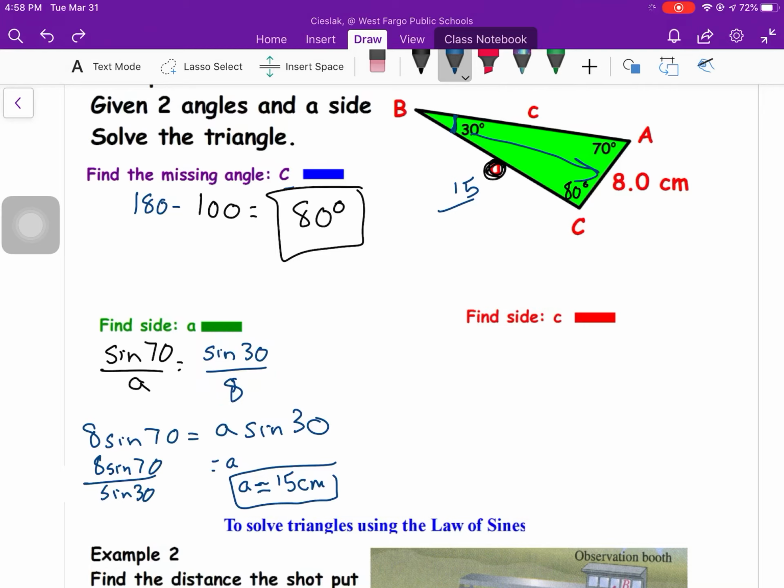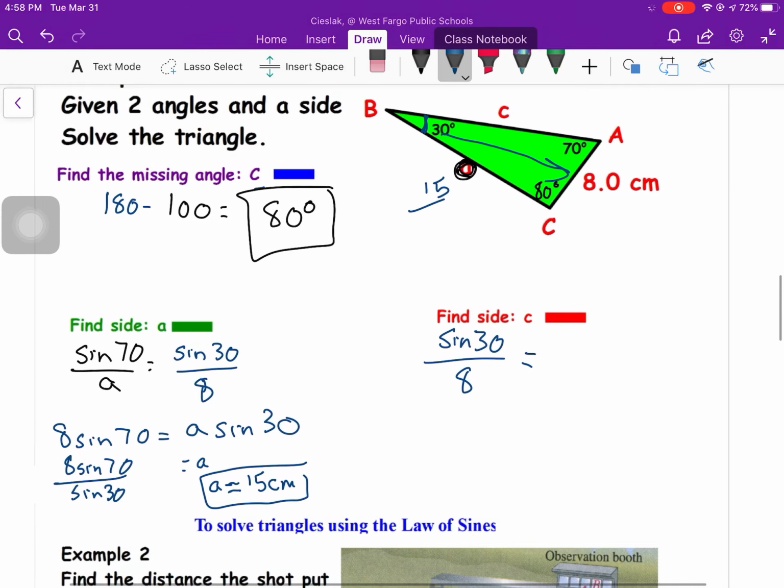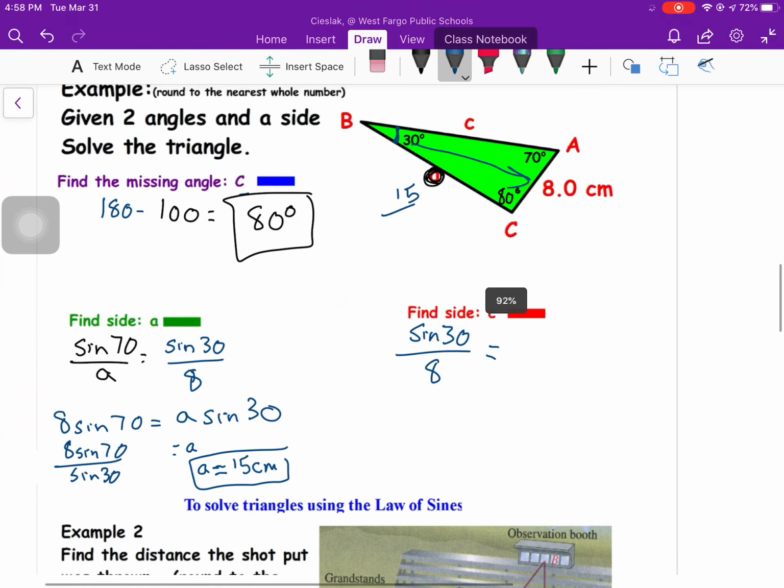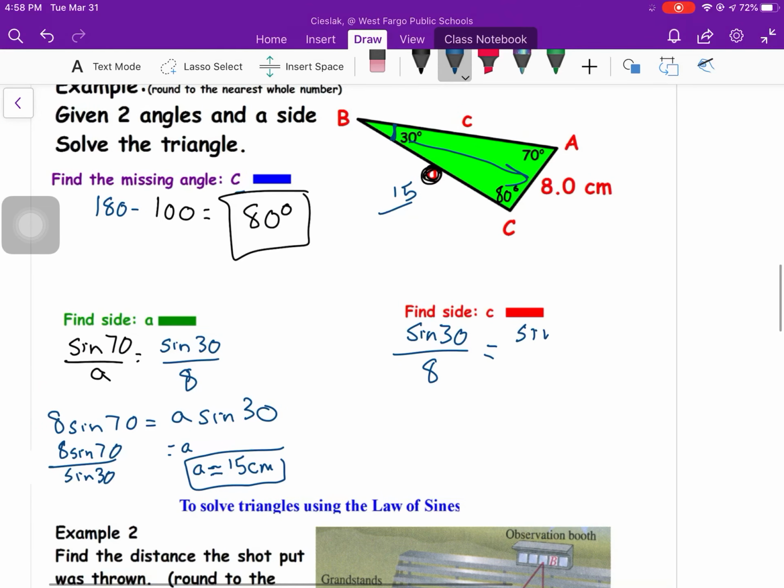If I want to find side c, I'm going to start with what I know: sine of 30 over 8 is equal to, finding side c, the sine of 80 over c. We did have to use something that wasn't known here, but that's not a rounded value, so that's not a huge deal.